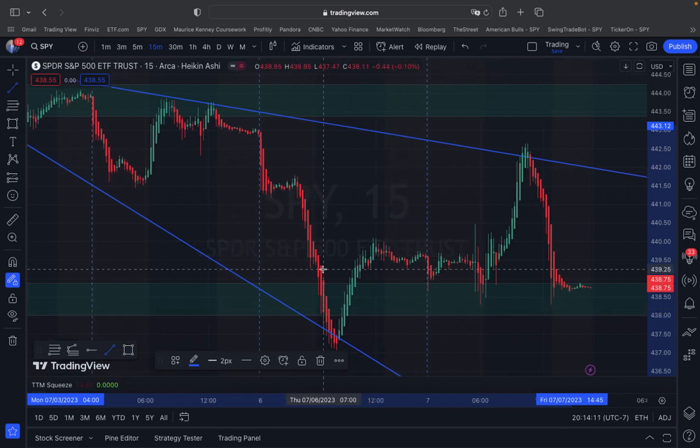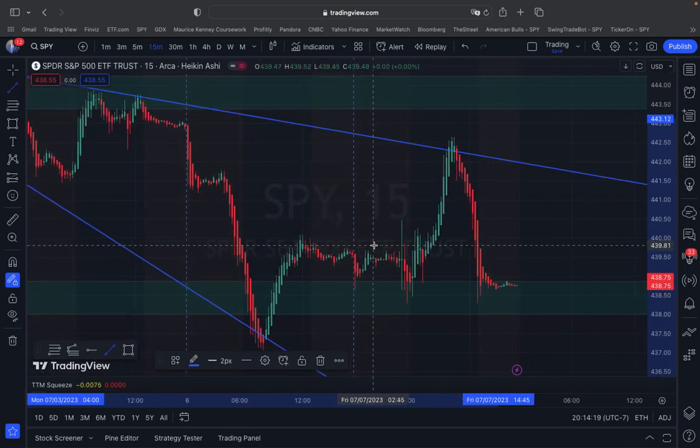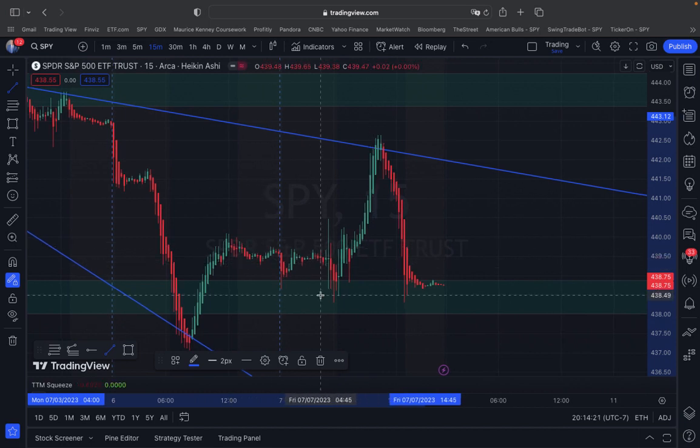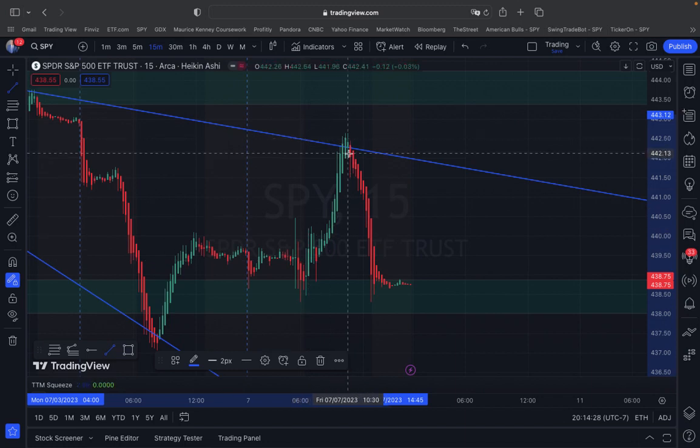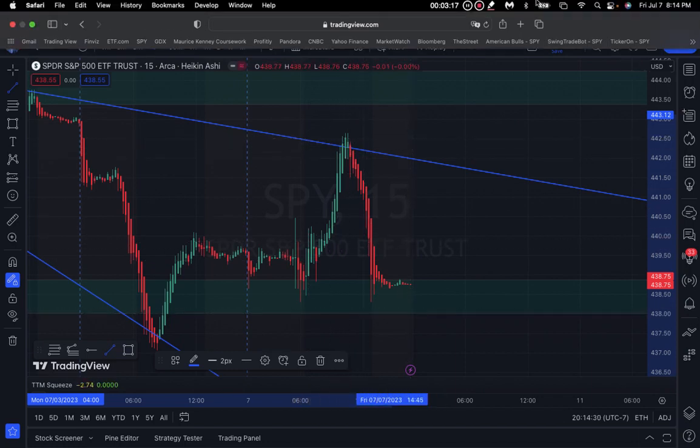Well, the next day, market opens up, shoots all the way back down, breaks through this demand area, but touches this trend line and then shoots right back up for a good part of the day. And then we look at today: you can see the market opened around the supply zone, rallied all the way up, touched this trend line zone, and then came all the way back down.